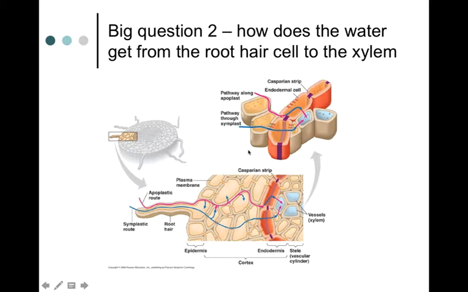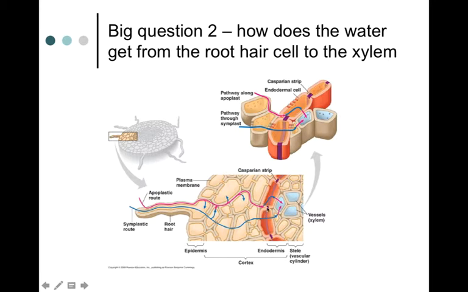The other route for the water to move through is along this apoplastic way, so between the gap between the membrane and the cell wall, and so effectively the water can run through here. Now, something I'm not entirely sure would necessarily be on our spec is the presence of this, which is the Casparian strip in the endodermal layer.